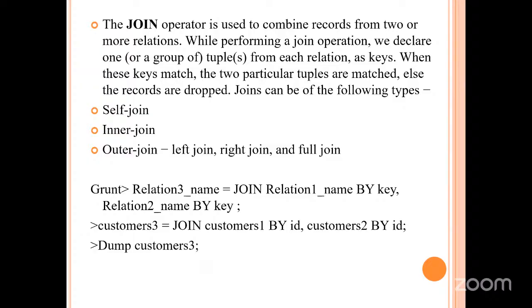Write down that one. Join relation 1 underscore name by key, comma relation 2 underscore name by key. Example: I'm taking customer 3 and I'm joining customer 1 and 2 by their IDs.